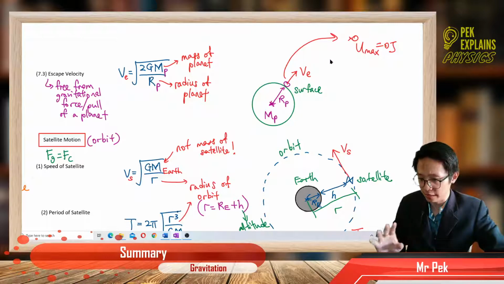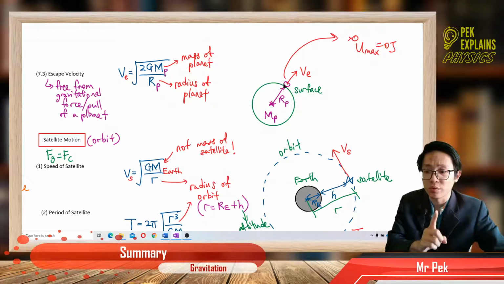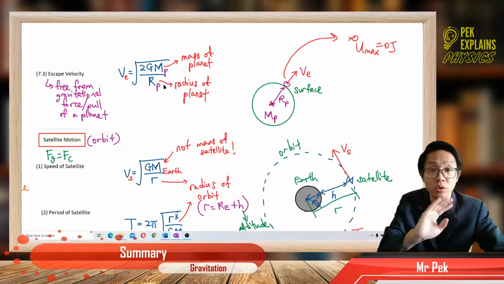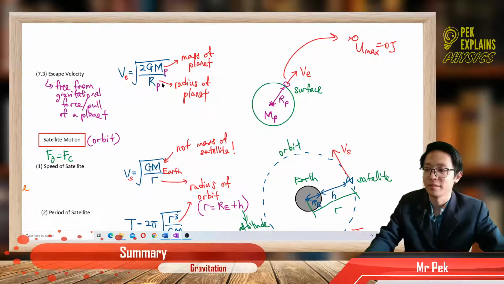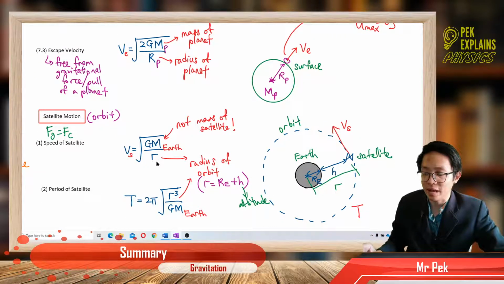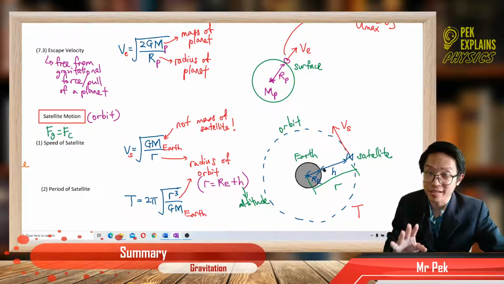So the r here is just the radius of the planet. No altitude. No plus h.